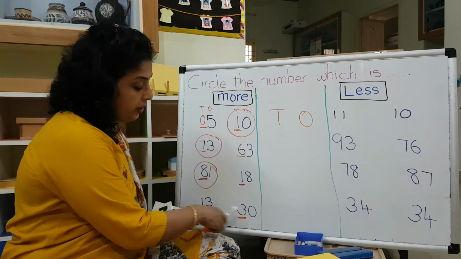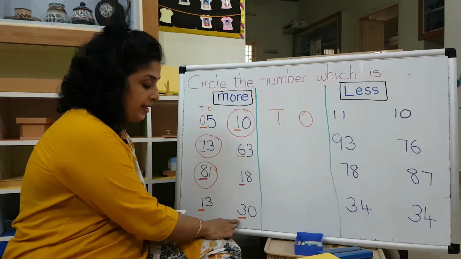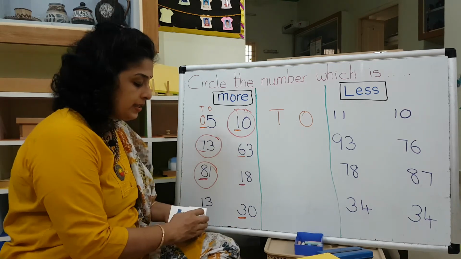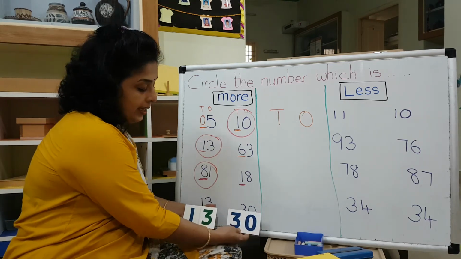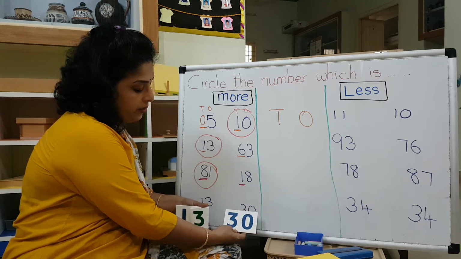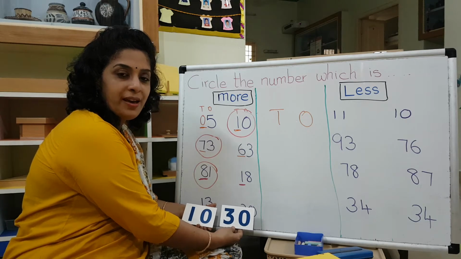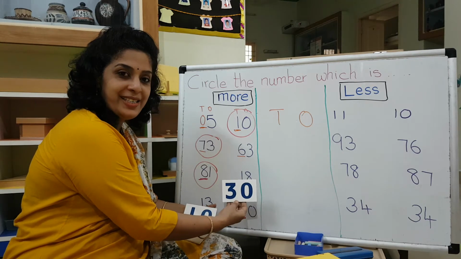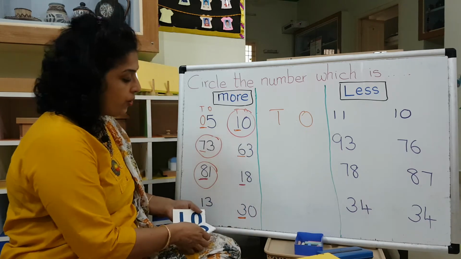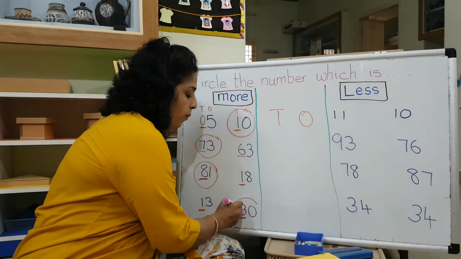Which is bigger? 1 or 3? 3 is bigger, no? Yes. See, I will just show you. 13 and 30. Okay. Now I will take off the, just check the tens place. What do you see? Which is a bigger number? 30. Is it not? So, you can easily circle this as more.